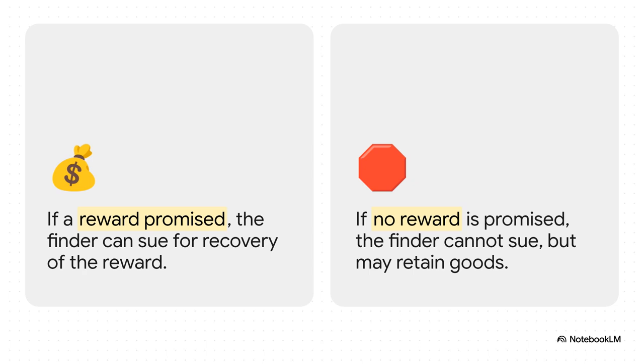Why? If a specific reward was promised by the owner, say through a newspaper advertisement, the finder can institute an actual legal suit for that money. But if no specific reward was promised, the finder cannot sue for reward. They can only use their right of lien to retain the goods for their expenses. Visually demonstrating this clarity of the law to the evaluator is how you secure maximum marks.